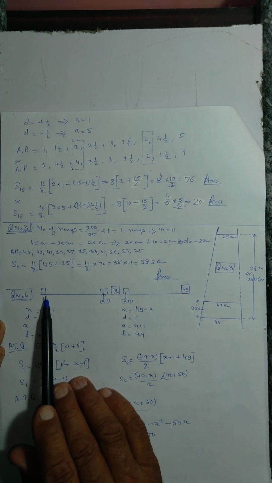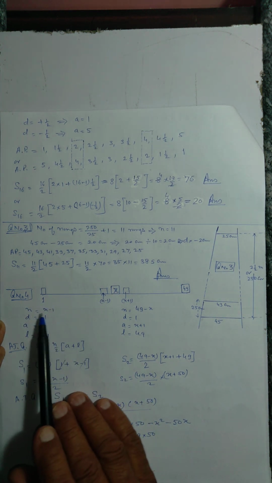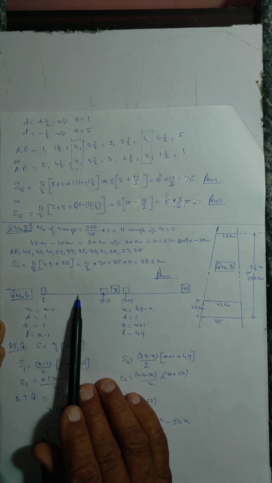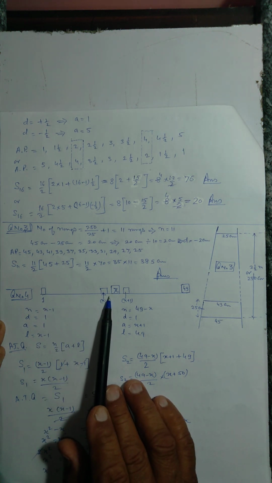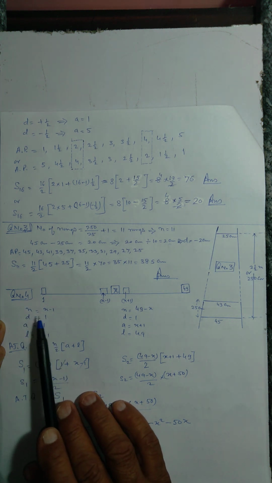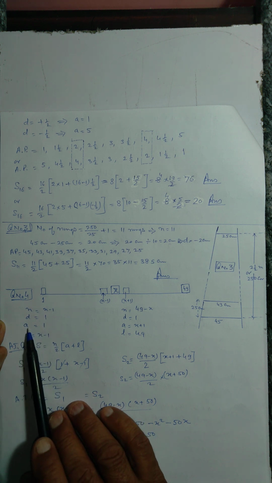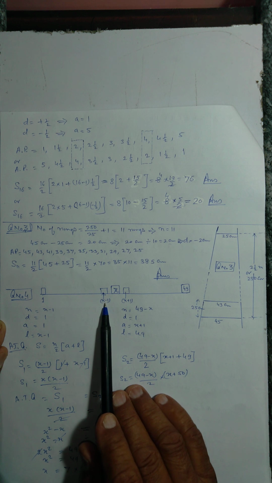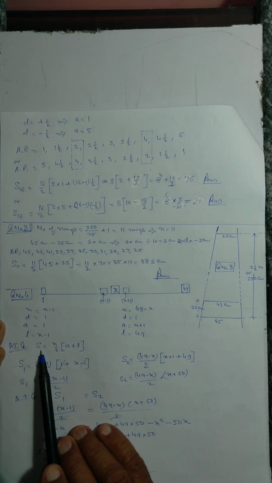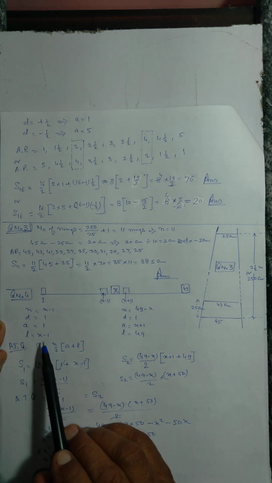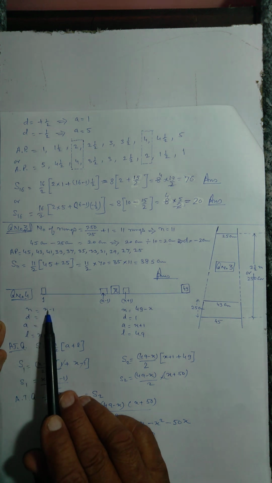So in this case, on the left hand side, n will be equal to x minus 1, because 1, 2, 3 and 4 and so on. The common difference is 1, your first term is 1 and the last term is x minus 1. So find out the sum of it, n is equal to x minus 1.